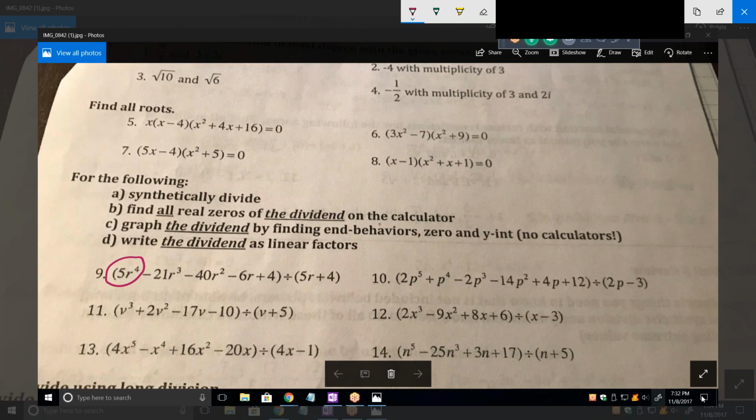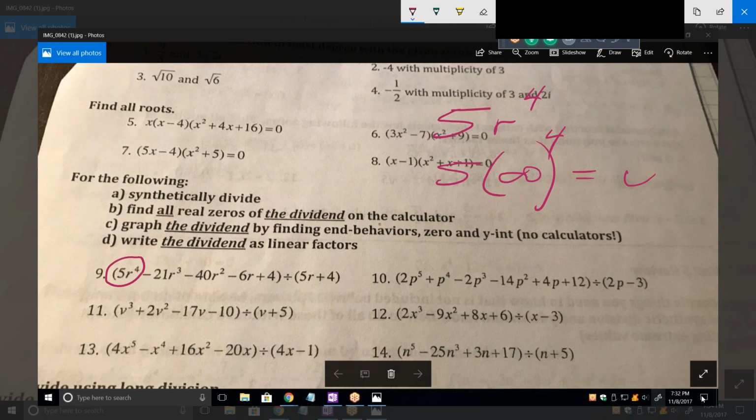So to figure out the right-hand end behavior, I basically plug infinity in for the variable. In parentheses, what does infinity to an even power turn out to be? Positive infinity. And positive infinity times a positive number is what?